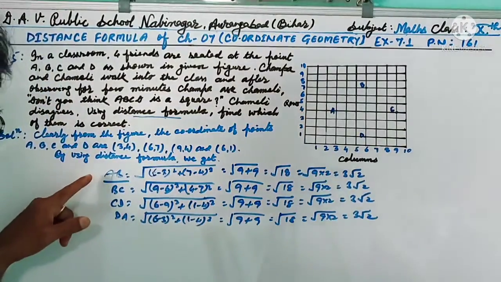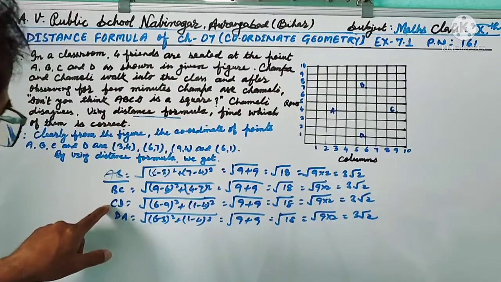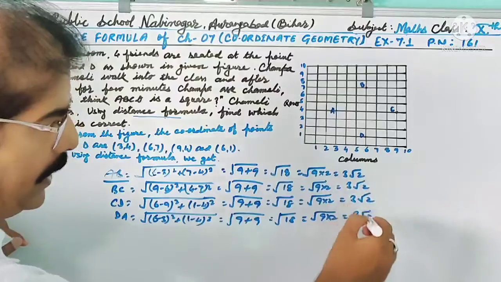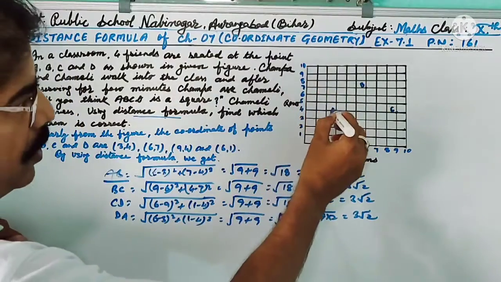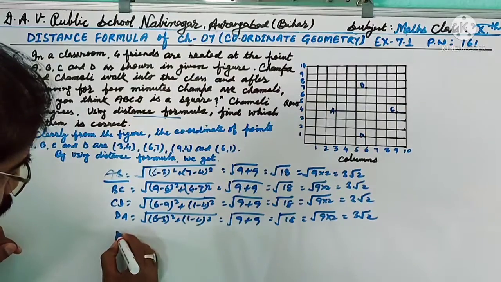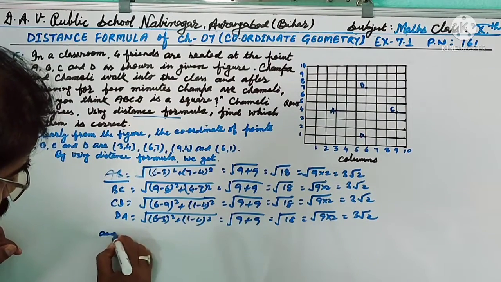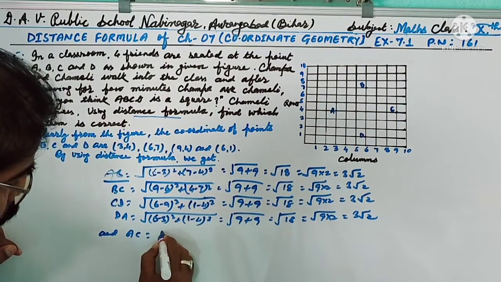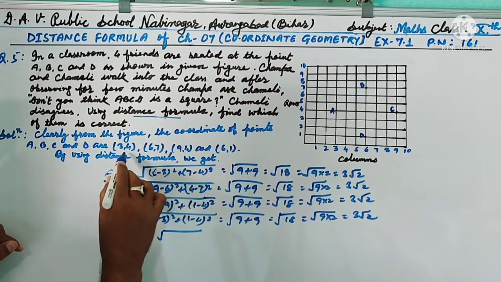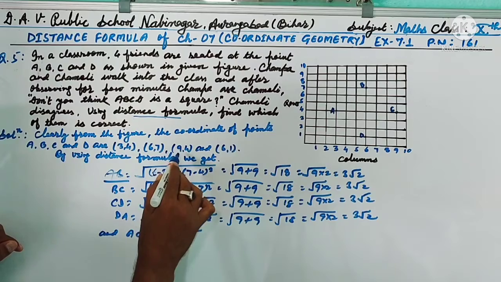So we see that AB equals BC equals CD equals DA. All are equal. Now find AC and BD. AC equals the square root of... coordinate of A is (3, 4), coordinate of C is (9, 4).